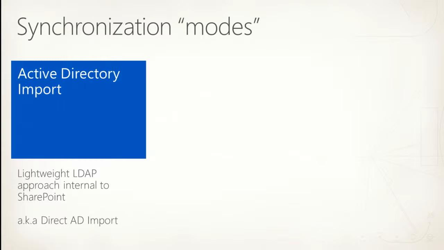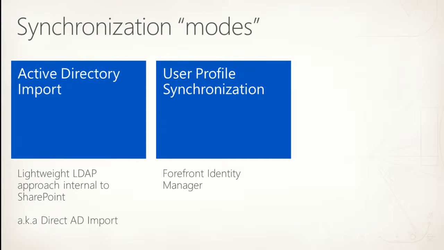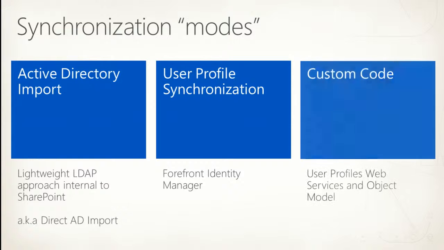Then there's user profile synchronization, the Forefront Identity Manager-based capability, very similar to what we had in SharePoint 2010, with the improvements that I was just talking about on the previous slide. And then we do have the third option, which is custom code, and this is often overlooked.